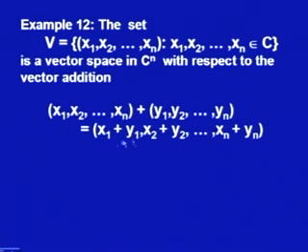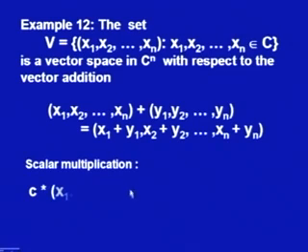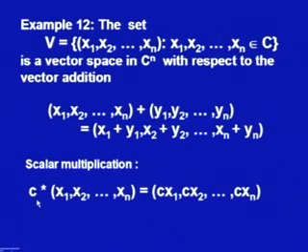So, this sum is equal to x1 plus y1 comma x2 plus y2 and the last is xn plus yn, while the scalar multiplication is defined as C star x1, x2, xn is equal to component wise multiplication C x1 comma C x2 up to C xn, the last term.